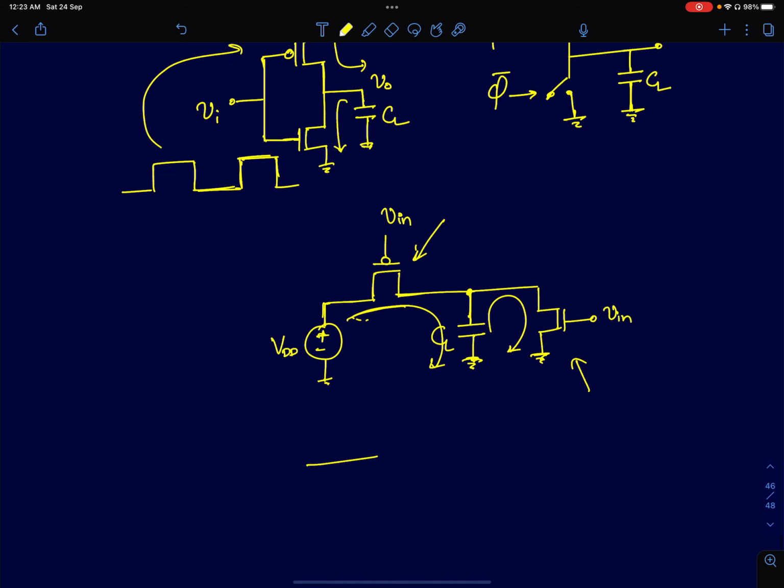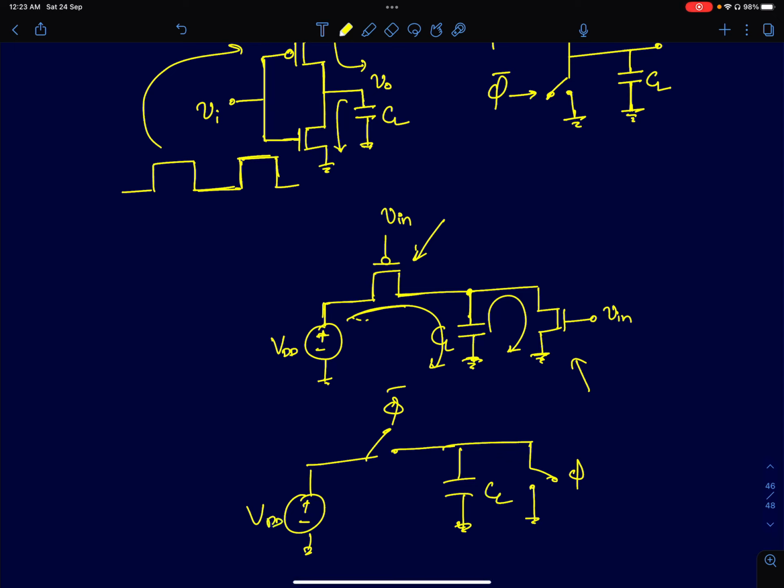So effectively, the CMOS inverter can be reduced to a switched capacitor circuit. I'll call this phi bar and phi. When I say phi bar, it simply means when phi is 0, the switch is on, or when the clock is 0, the switch is on.